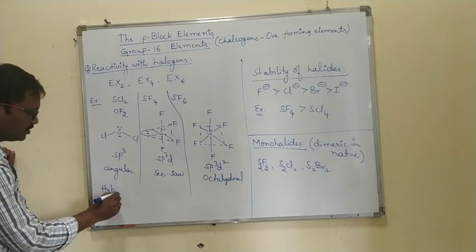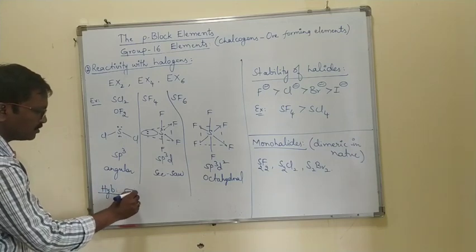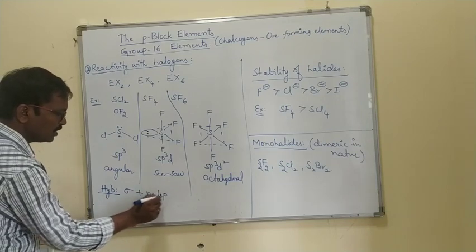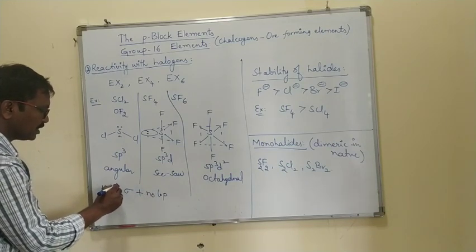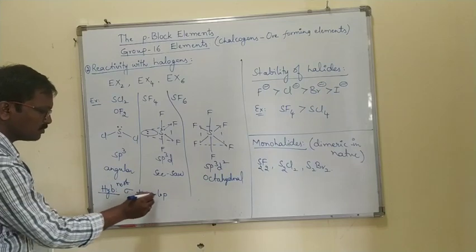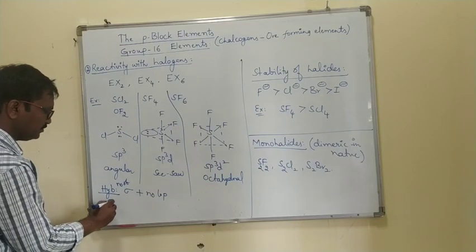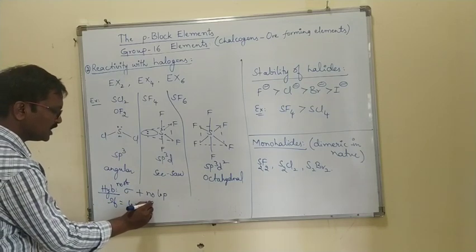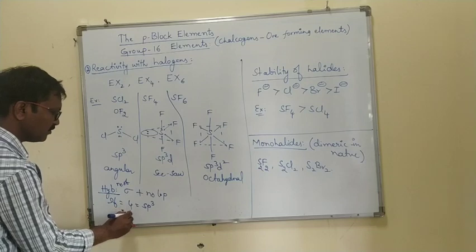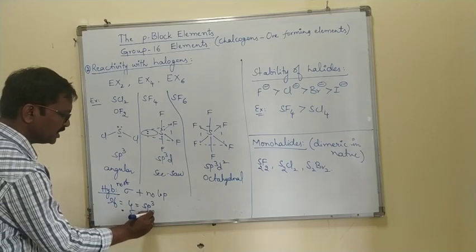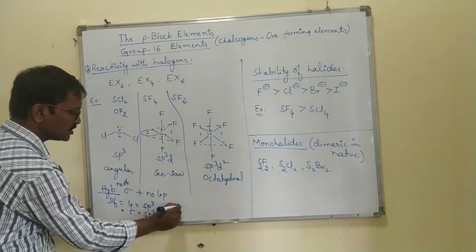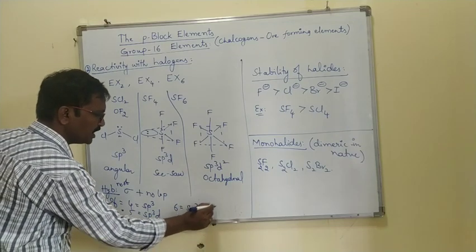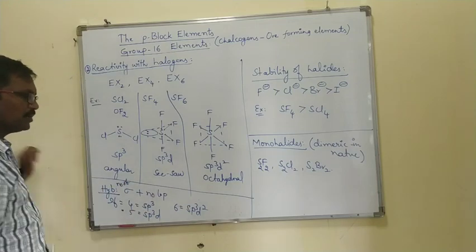Hybridization is equal to number of sigma bonds plus number of lone pairs. If the total is equal to 4, that is sp3. If the total is equal to 5, that is sp3d. If the total is equal to 6, that is sp3d2. You have studied in the chemical bond chapter.